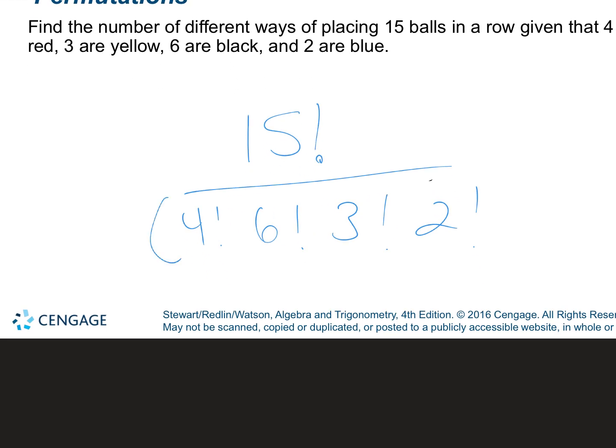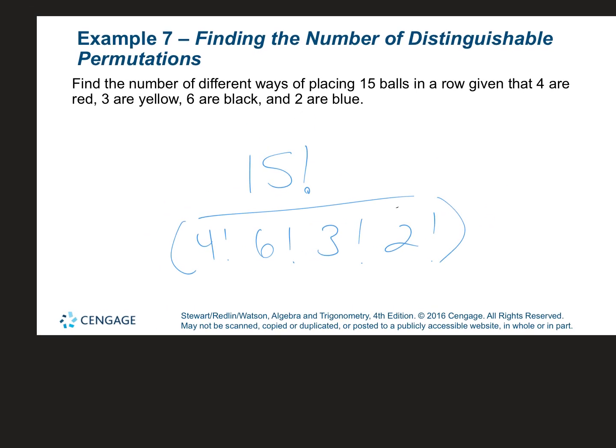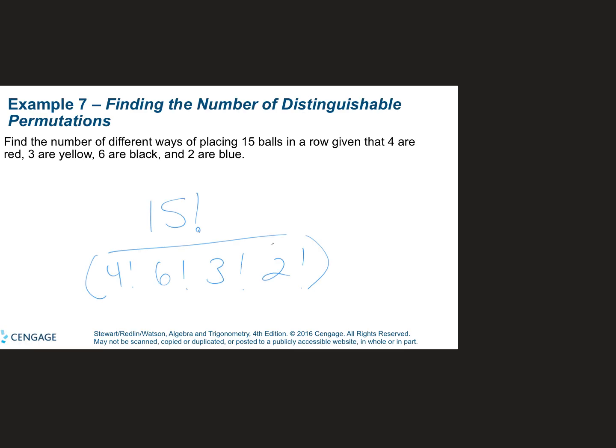See if you guys can do that. Does everybody know where their exclamation point is? You can just do it manually. Just break it down a little bit. So this would be 4 times 3 times 2, right?